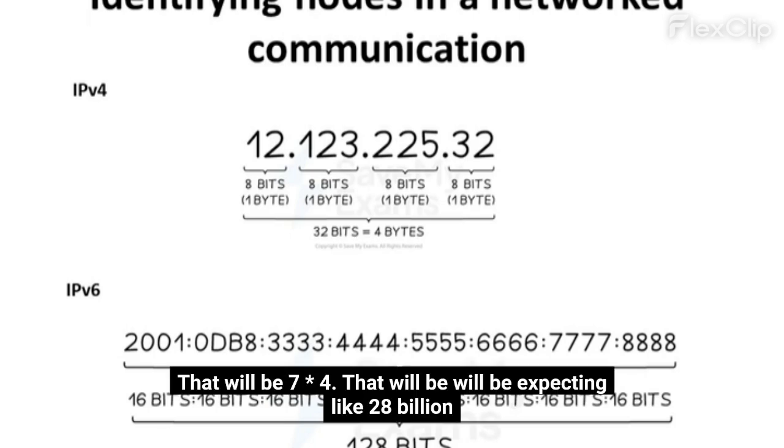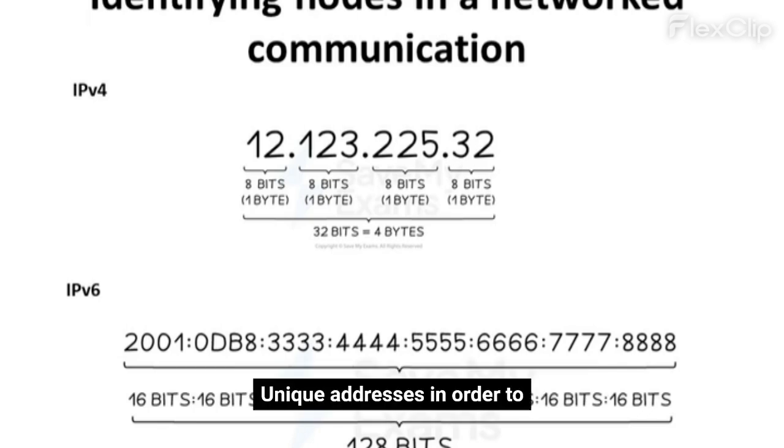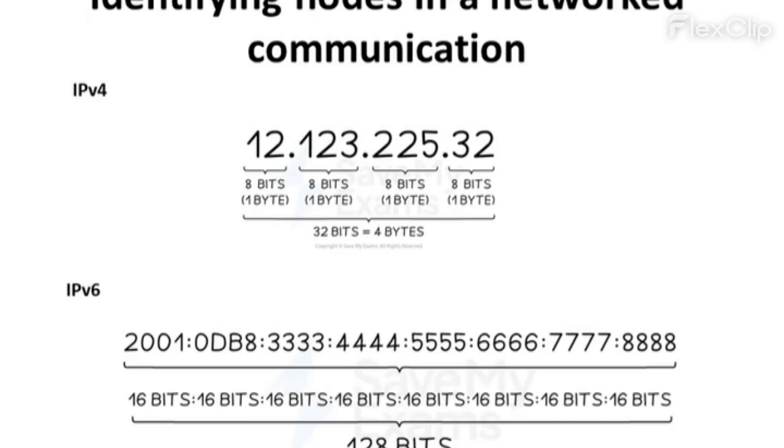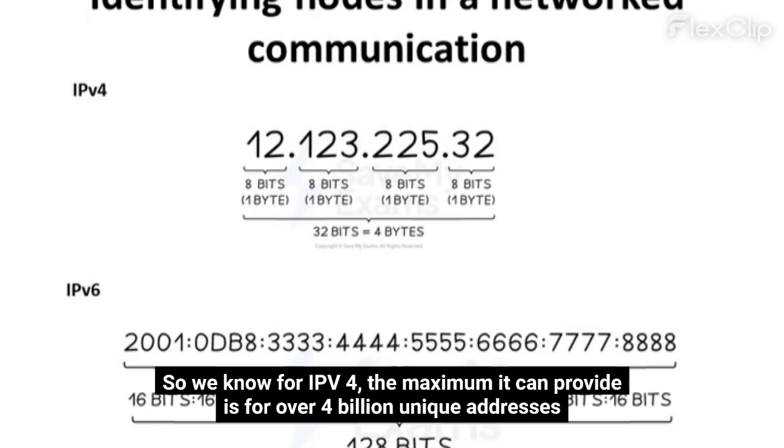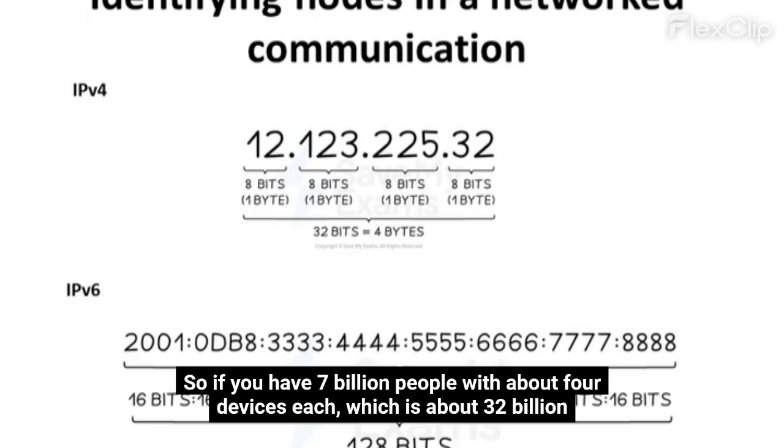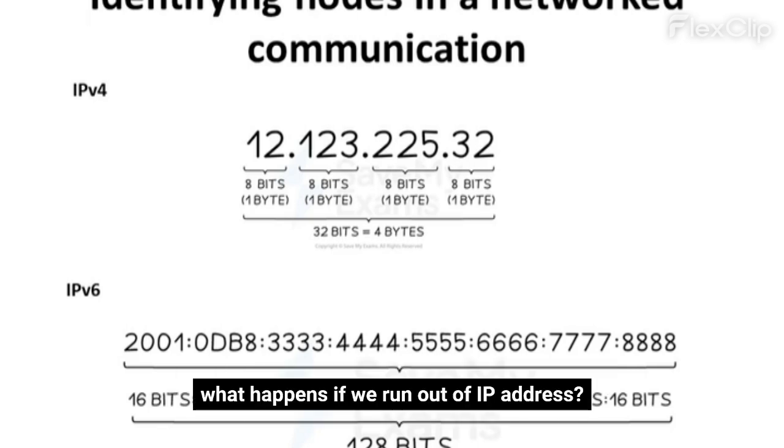That will be 7 times 4, so we'll be expecting about 28 billion unique addresses in order to efficiently assign IP addresses. We know that IPv4 can provide a maximum of just over 4 billion unique addresses. So if you have 7 billion people with about 4 devices each, what happens if we run out of IP addresses?